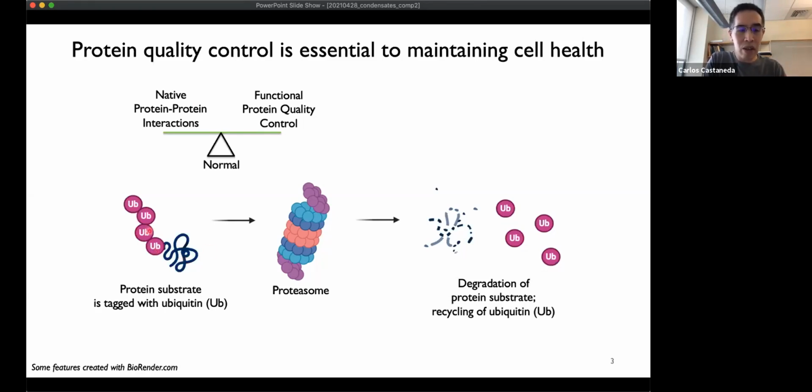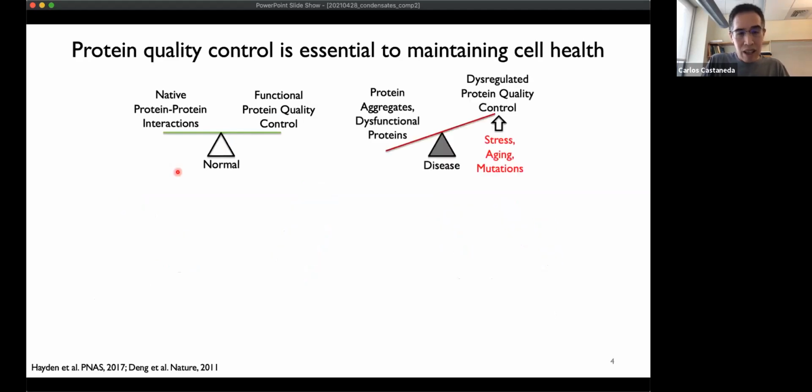And it's this polyubiquitin tag that is recognized by different proteasomal receptor proteins, and that is the signal for sending the substrate to the proteasome, where it will be degraded into short peptides, and then the ubiquitins themselves would also get chopped into the individual monomers and eventually recycled into the cell. So this is a classical example of a protein quality control mechanism.